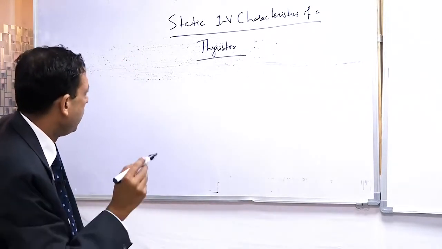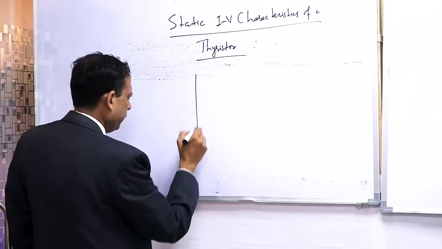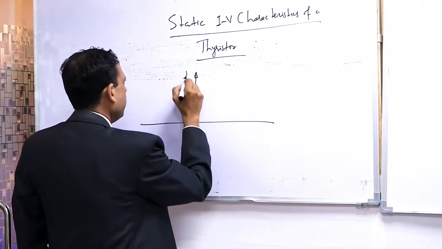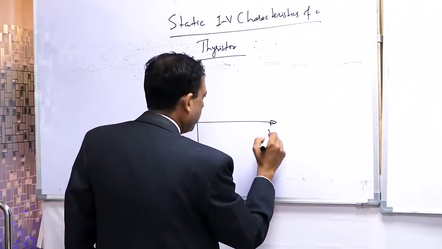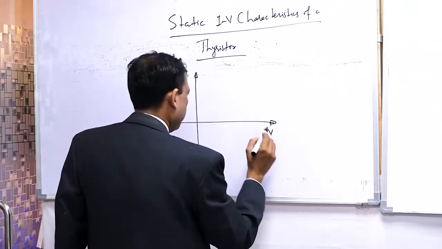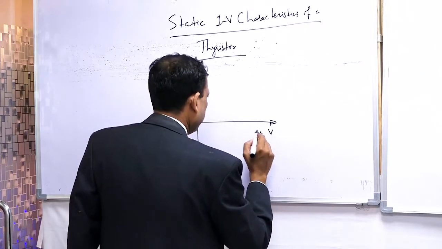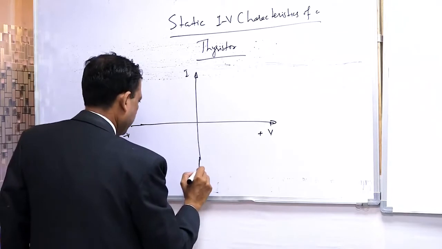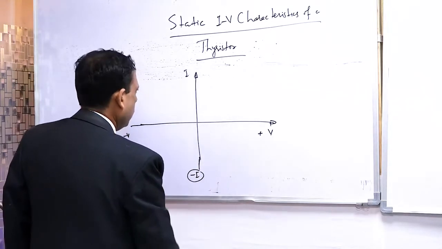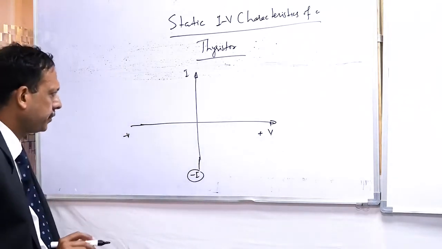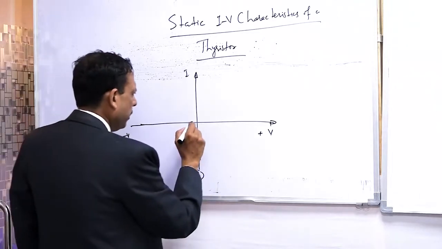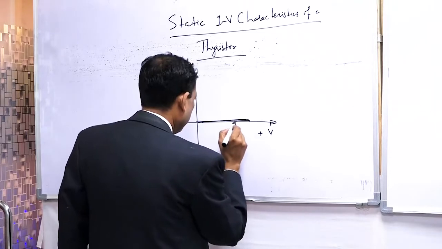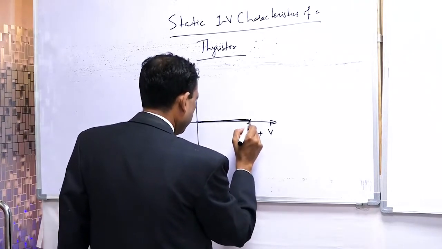Now you know that IV characteristics means the current is on the y-axis and the voltage is on the x-axis, and this is positive and this is negative voltage, negative current. Now ideal characteristic means this is the ideal characteristics.